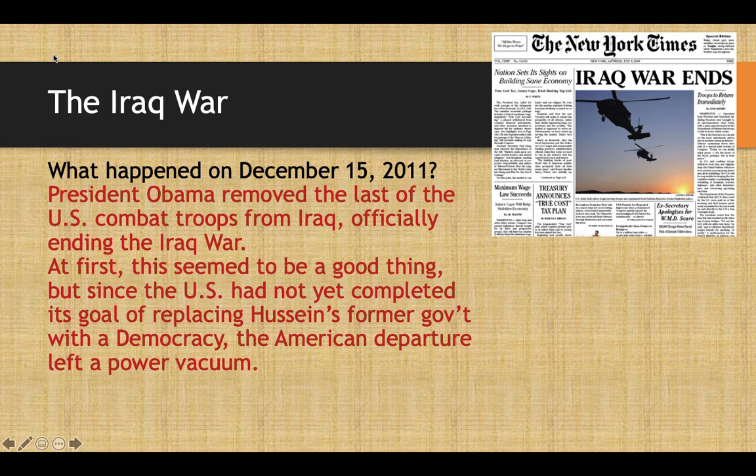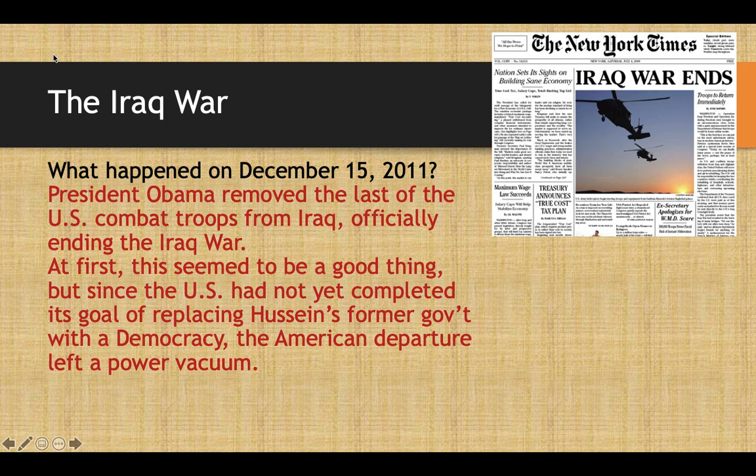So at first, this seemed to be a really good thing, but since the U.S. had not completed its goal of replacing Hussein's former government with a stable, strong democracy, the American departure actually had a very negative effect because it left a power vacuum. A power vacuum is when whoever is in power leaves and then there's no one in charge, so a bunch of different groups try to seize that power.